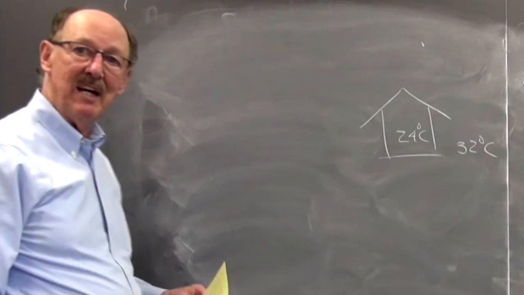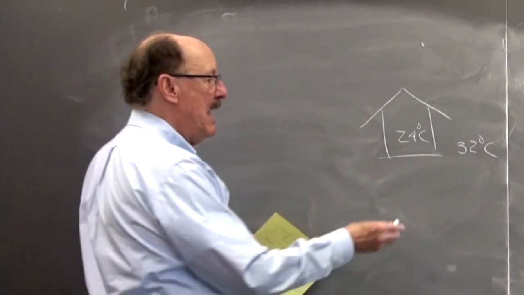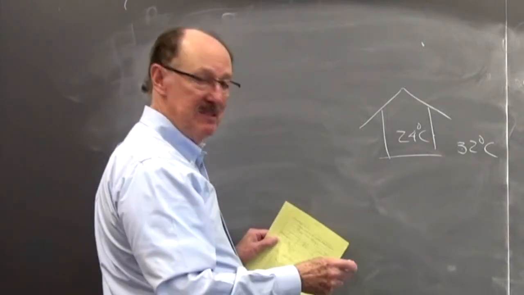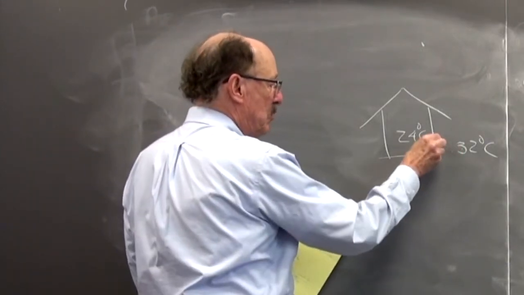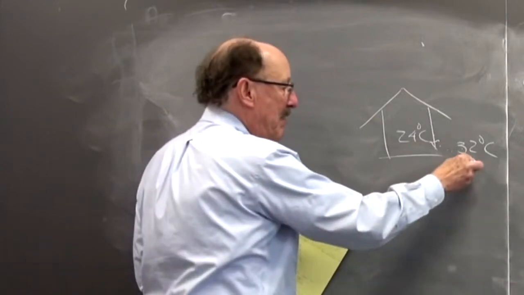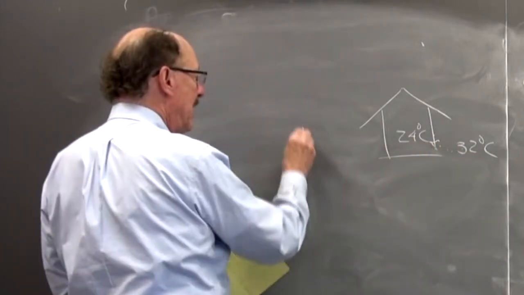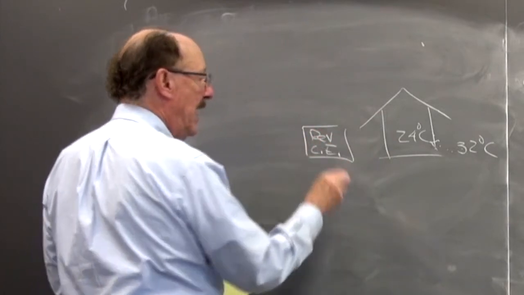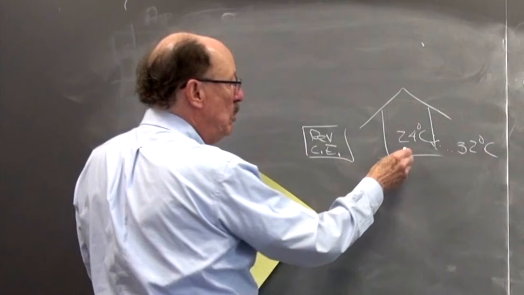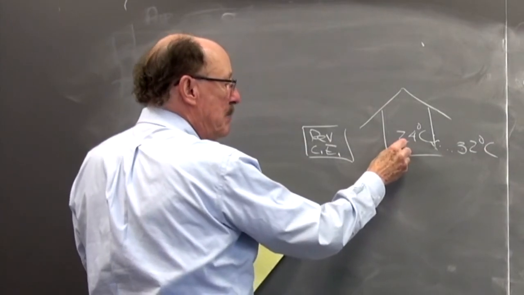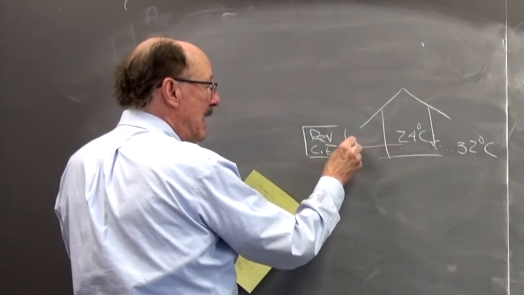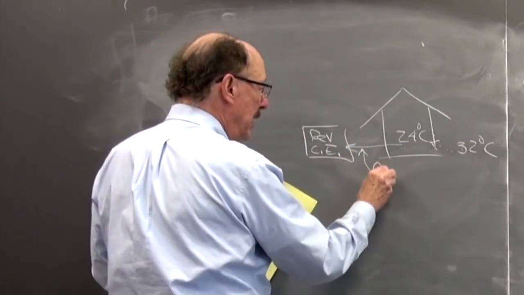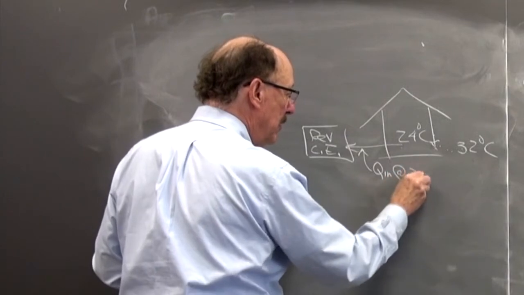So it's hot outside, and what's going to happen is we know the heat's going to go in from the outside. So this is like, thank you very much, why am I taking this course? So I have heat going in, so I'm going to have my reverse Carnot engine here. And what it has to do is remove heat. I need the heat coming out at 24 degrees C and going in there. So this is my Q in at 24.